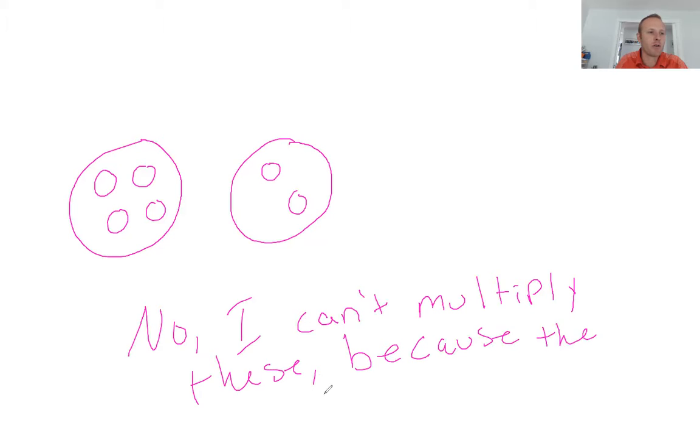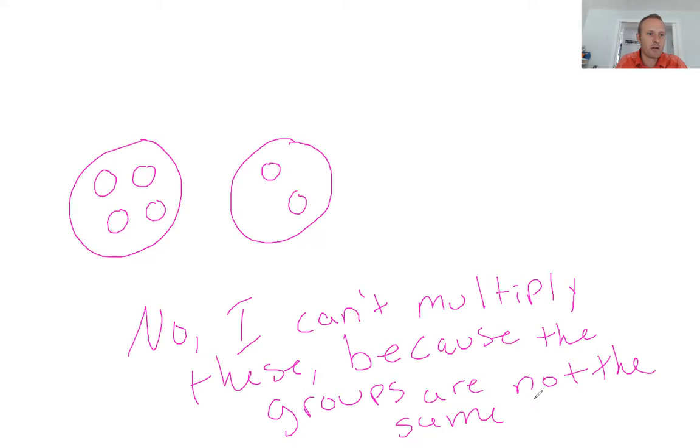Because the groups are not the same size. Remember, to multiply groups, you need to have groups that are the same size. You can never multiply things that are in different size groups. Okay, we can go to another page now.